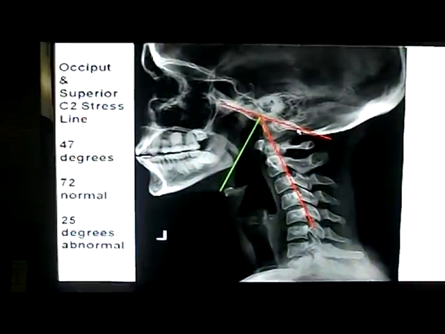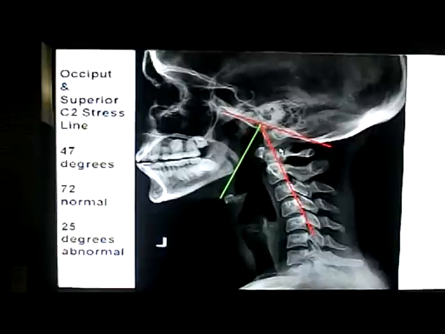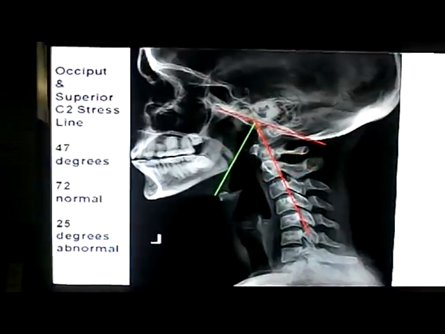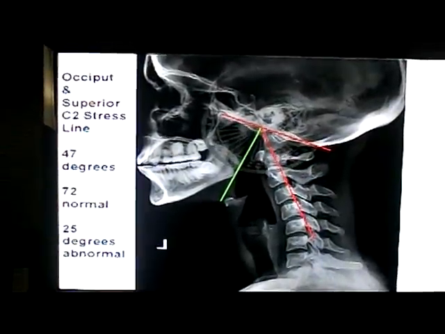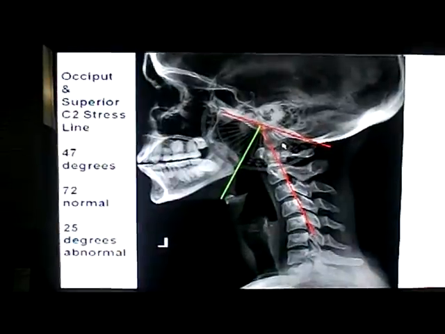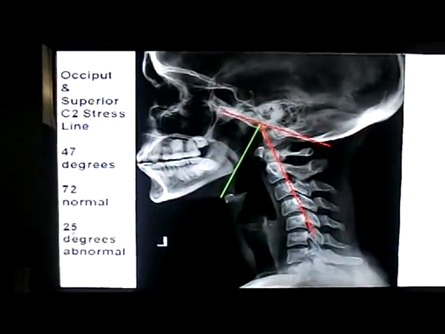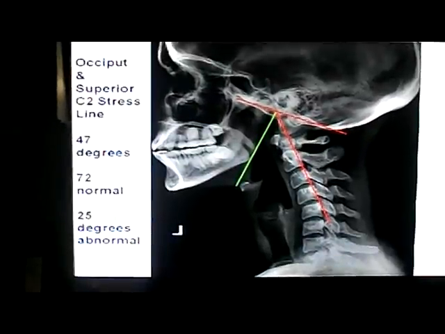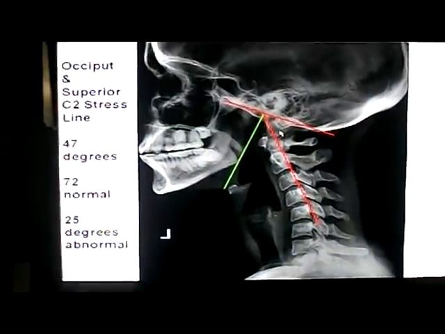We look at this on the right side here, what we should see is a 72-degree angle. And we can measure that. And this one actually measures 47 degrees. So what that means is there's a 25-degree radiographic manifestation of the vertebral subluxation in this dimension here.